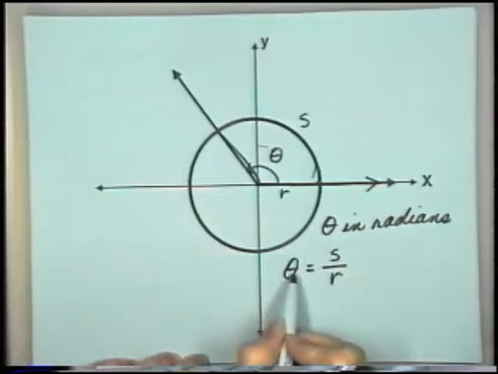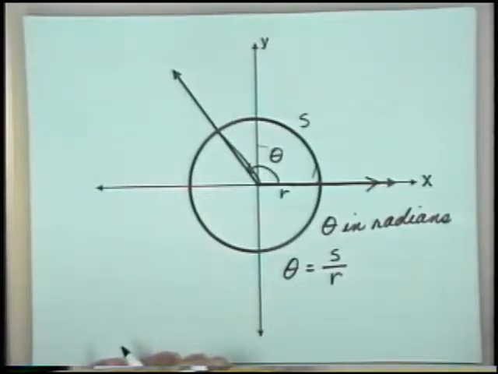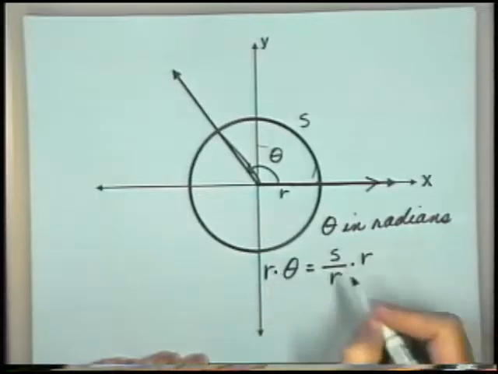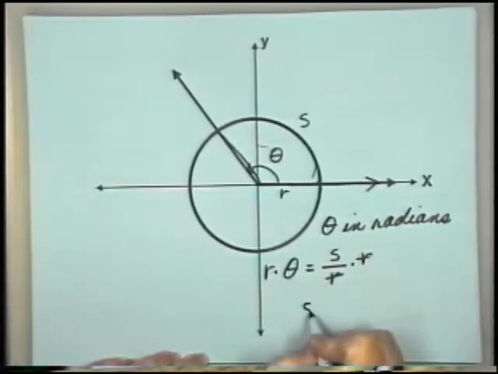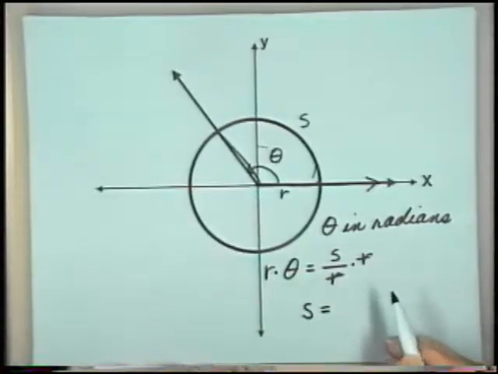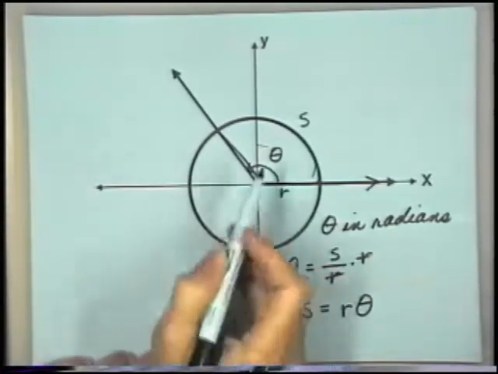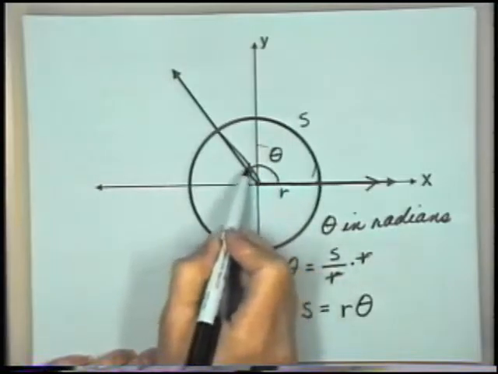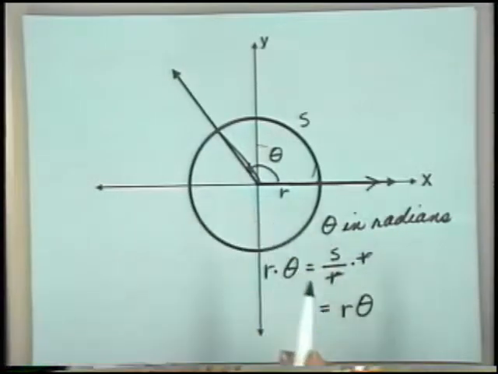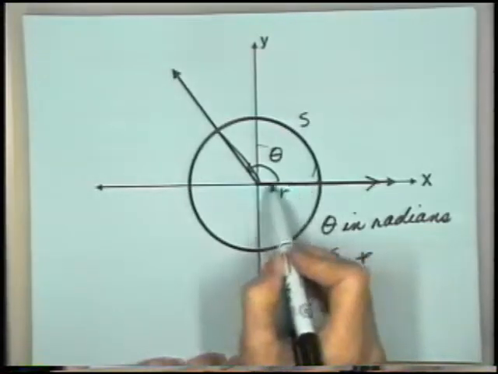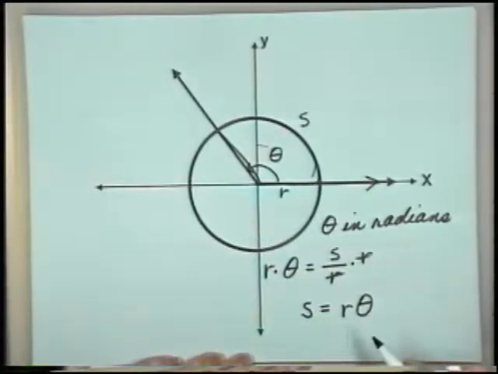Well, the way we're going to do that is to solve this for S. We'll multiply both sides by r, and so we get that the arc length is equal to r times theta, where theta is what we call the central angle, and where r is the radius, and of course theta is measured in radians.